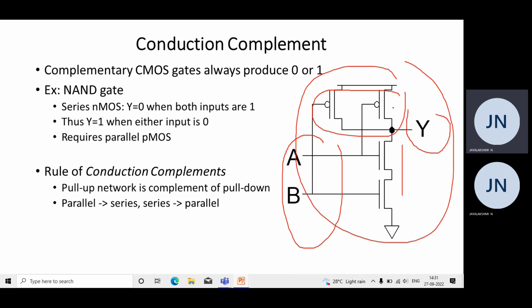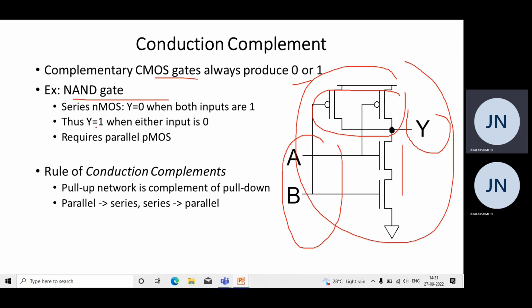The conduction complement is nothing but the complementary CMOS gates always produce 0 or 1. For example, the NAND gate. With series NMOS, Y is equal to 0 when both inputs are 1.